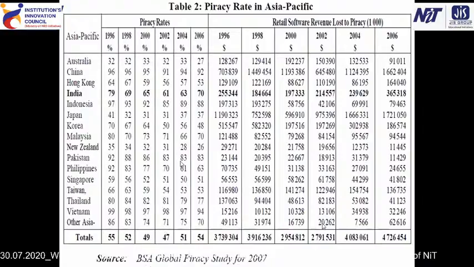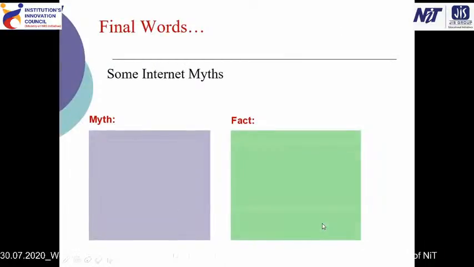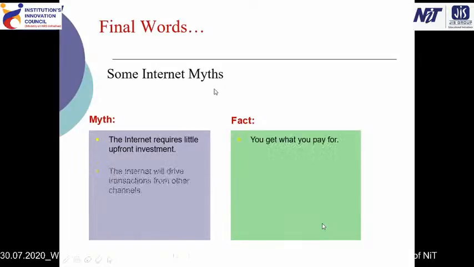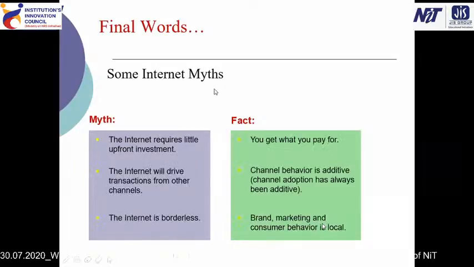Sadhna madam, please change the next slide. These are the final words: some internet myths and facts. The internet requires little upfront investment. The internet will drive the transaction from other channels. The internet is borderless.